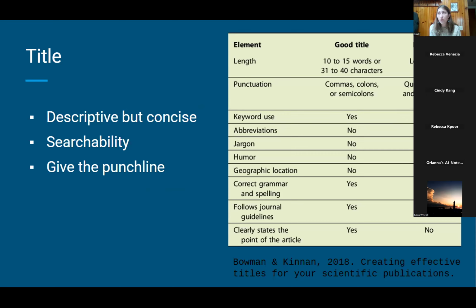Okay. So then the last thing I wanted to touch on before we do an activity together is the title. So I mentioned it earlier on in the workshop, but the title is really important for a paper, maybe even more so than the abstract.